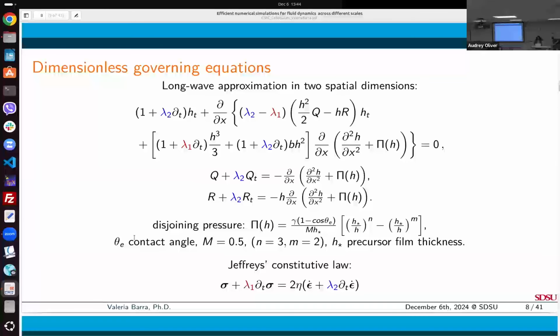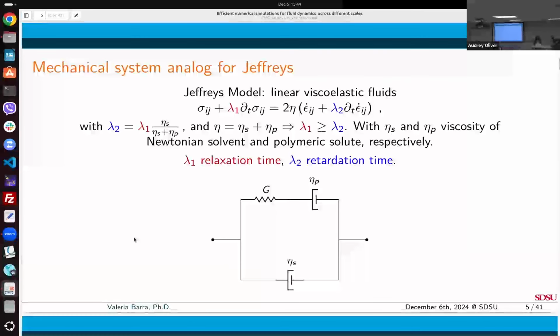There was a question in the chat. It says, can the mechanical analogs involve nonlinear couplings? And if yes, what would be the implications in your analysis? Nonlinear coupling as in what sense? Like these are already nonlinear equations. These are already nonlinear constitutive models, because here you can see that there is a time derivative of the stress tensor, which makes it nonlinear.